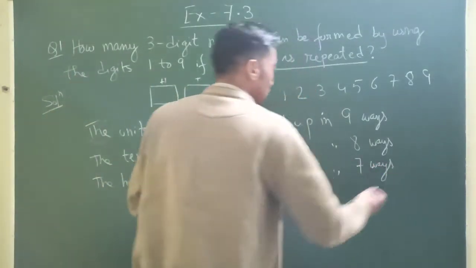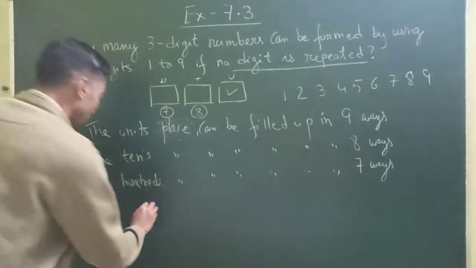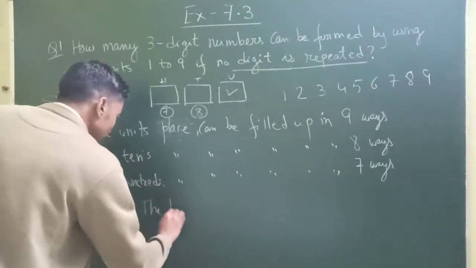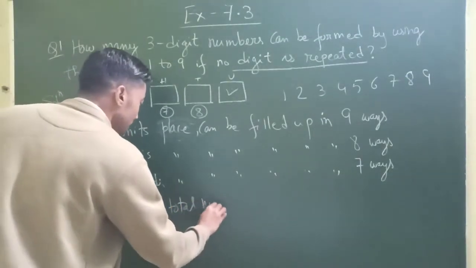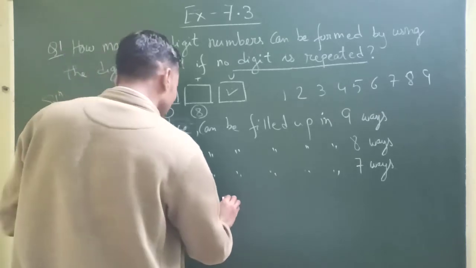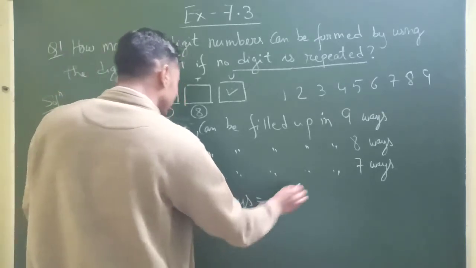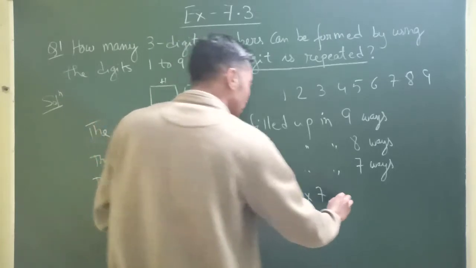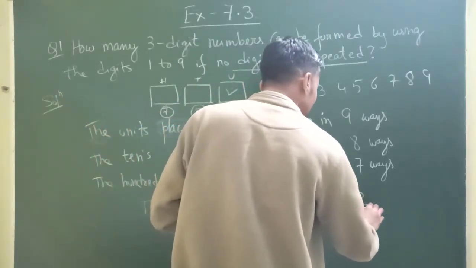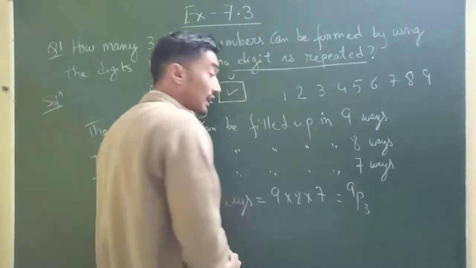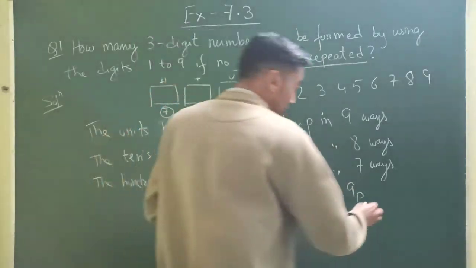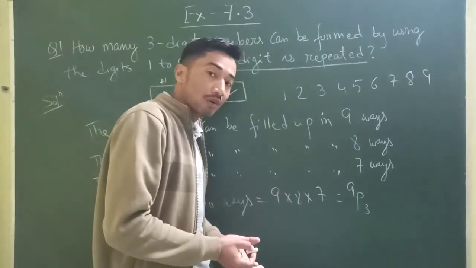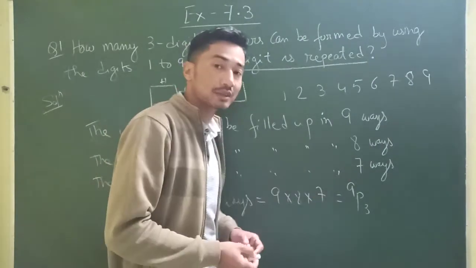Now by the multiplication principle, what will be the total number of ways in which the 3-digit number can be formed? The total number of ways, all this arrangement, can be 9 into 8 into 7. So that's of course basically 9P3. For those who wish to use the formulas and then just calculate, that will be the same as 9P3 ways.